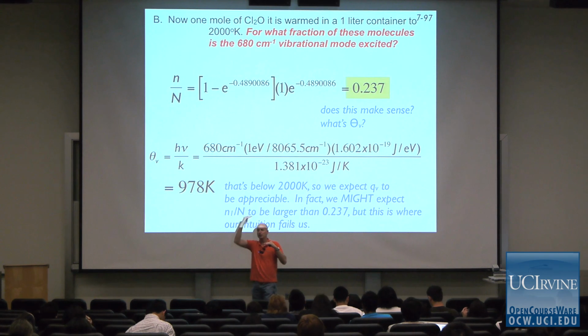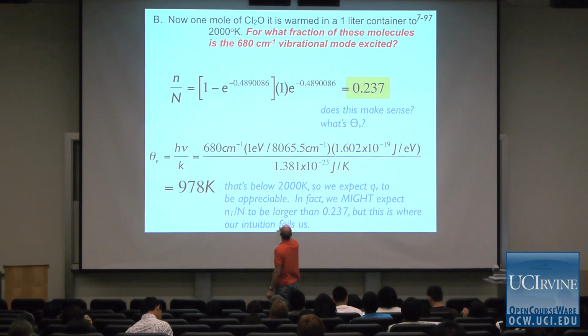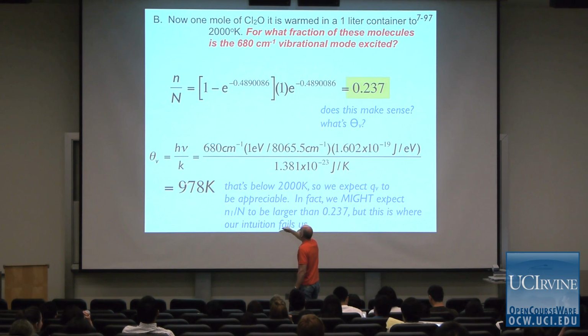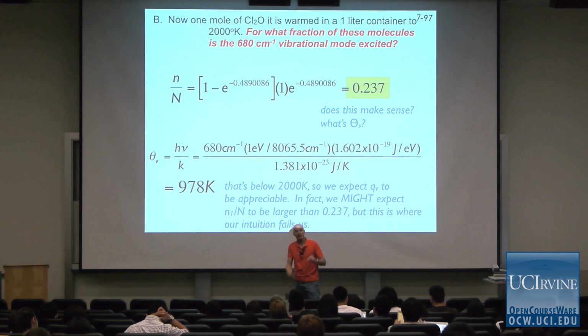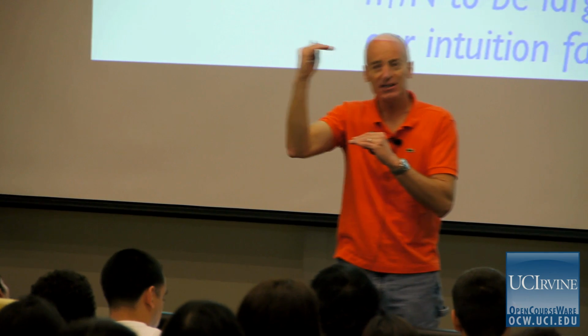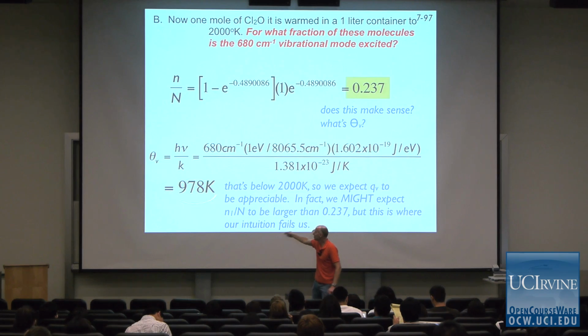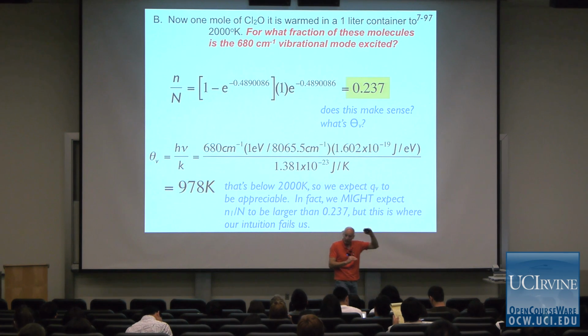Everyone see what I'm talking about? 2,000 degrees. That is how much thermal energy it would take to start to populate this vibrational level. At that temperature, we would expect the vibrational level to just start getting populated.